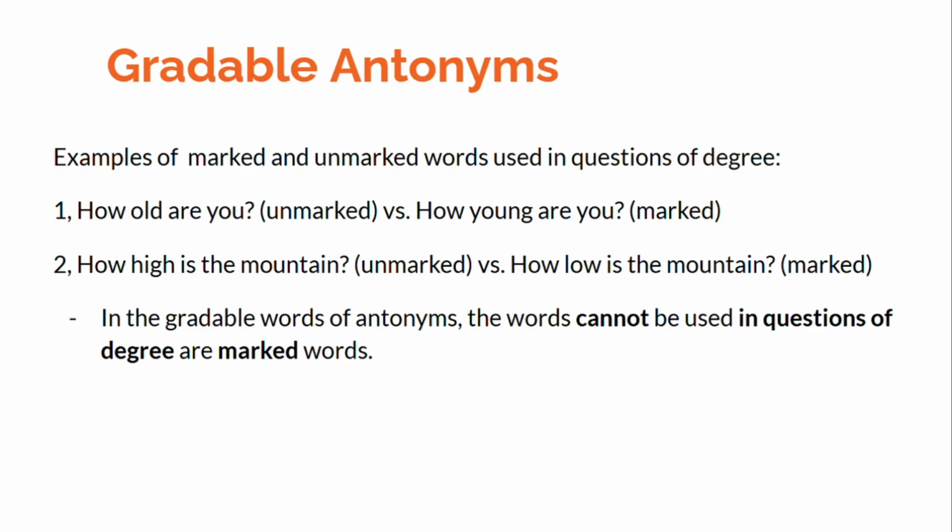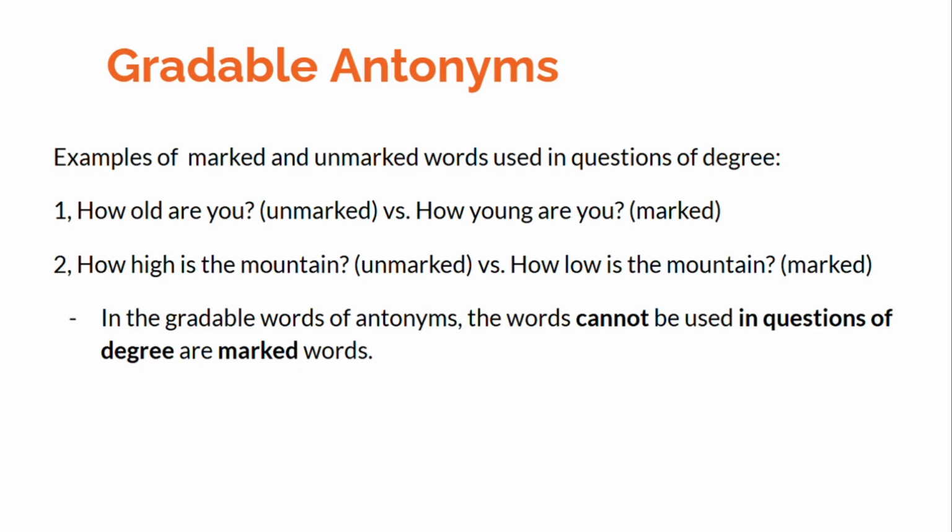So the first sentence, how old are you, is asking the whole spectrum of the degree. So gradable antonyms such as the word old is called unmarked, and gradable antonyms such as the word young is called marked.